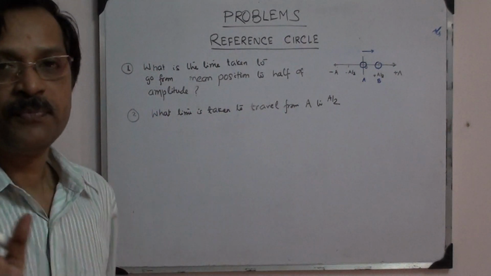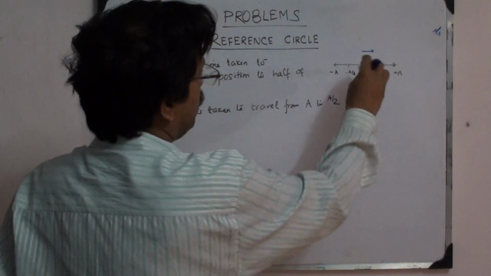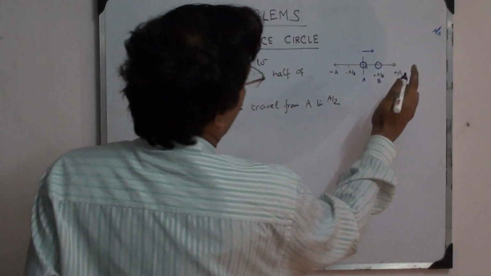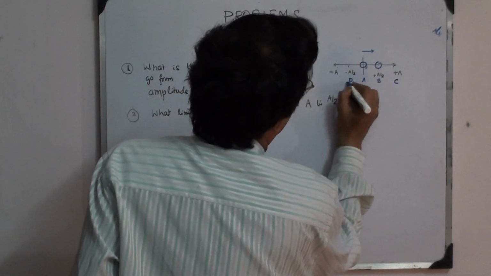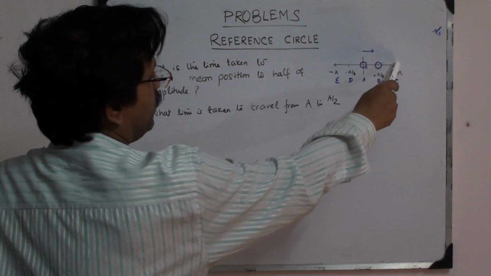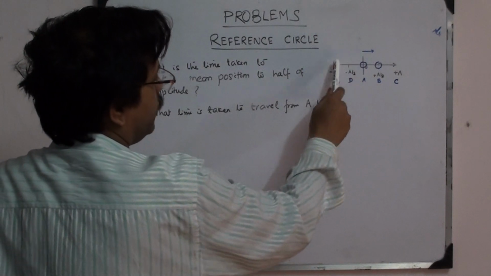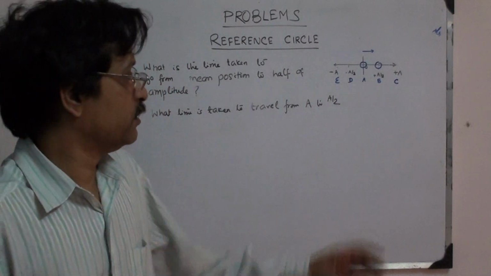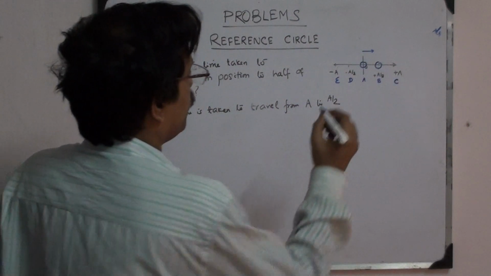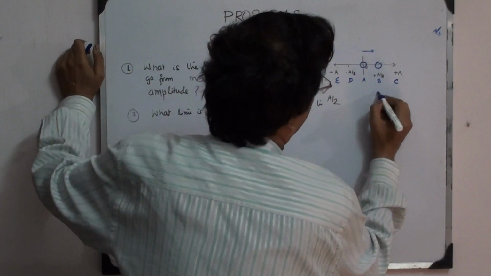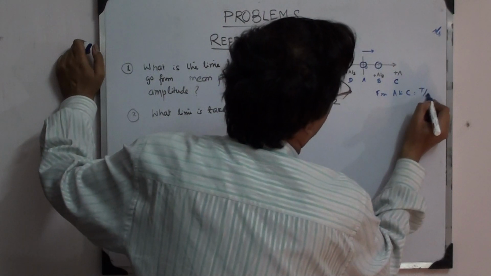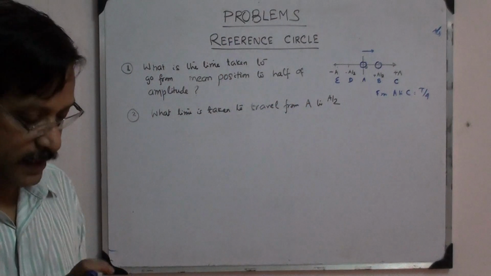Now you know that in a simple harmonic motion, the total time period is T. And in the total time period, the body goes from A to C, then C to A to E, E to A. That completes the cycle. So from the mean position to extreme position is 1/4 of the cycle. So I can tell that from A to C, time taken is T by 4, where T is the complete cycle.